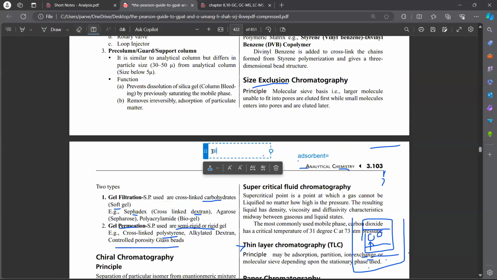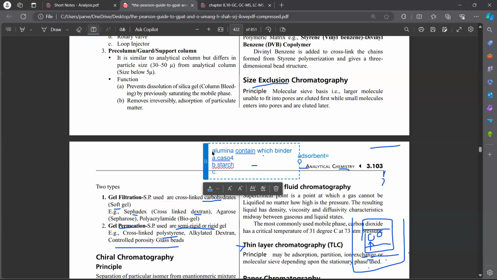So alumina contains which binder? A, is it CaSO4, which is gypsum? B, it consists of starch as a binder. C, it consists of no binder. Or D, it consists of agar as a binder.